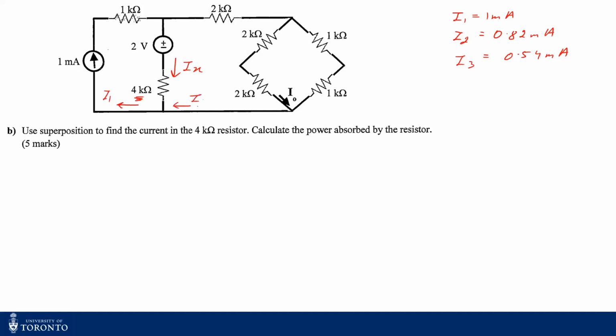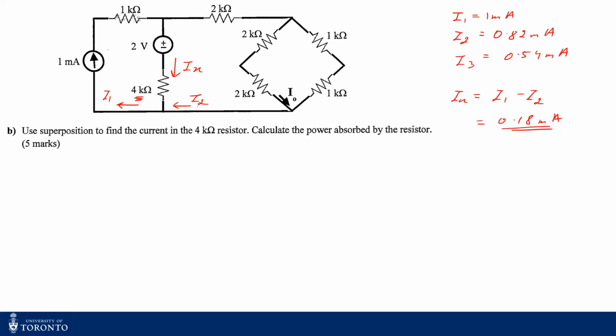So my Ix is I1 minus I2, which is basically 0.18 milliamperes. So I know my current has to be 0.18 milliamperes, but you have to use superposition, right?